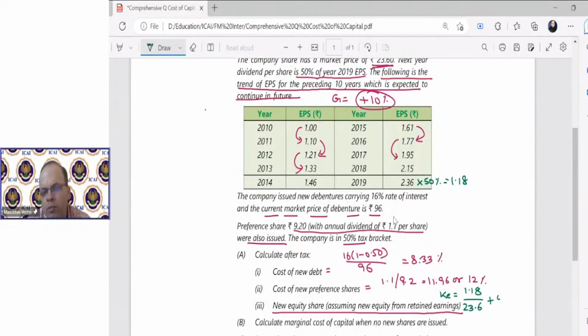And plus 0.10, 10%. So who will tell me what are we calculating here? Cost of equity, 1.18 divided by 23.6. I think that's 5% plus 10%. Are we getting 15% here? 15%, guys? Please confirm.